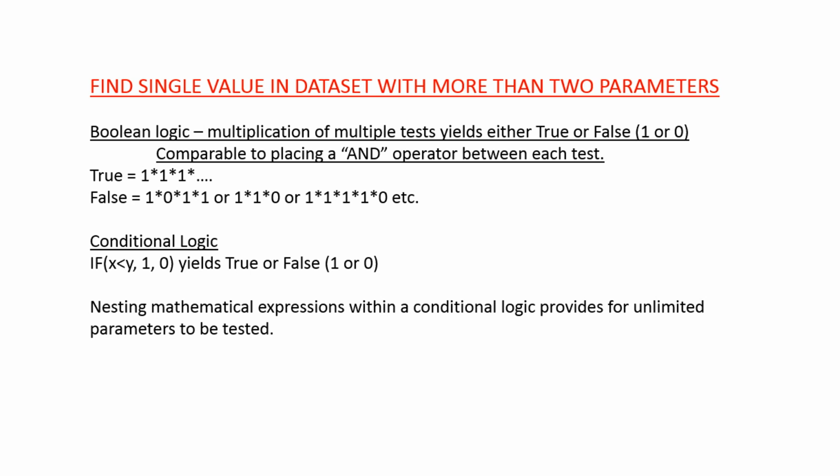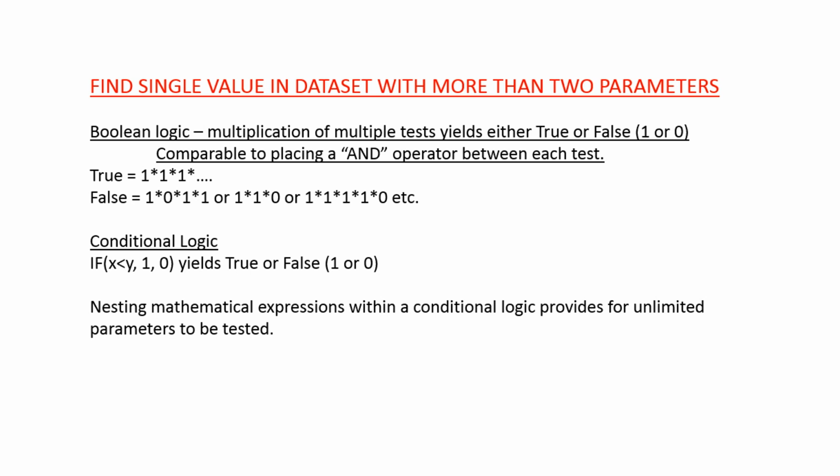But if we turn this into a mathematical formula, then what we're really essentially doing is multiplying: 1 times 1 gives a result of 1, or still true. I can multiply as many ones as I want to string together, and a true statement is always going to be when all of those tests are true. I can keep multiplying one after the other, and it's going to give me the same result.